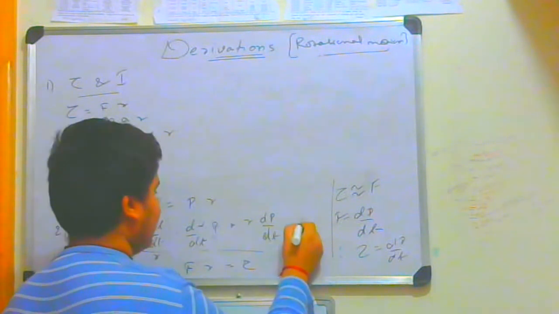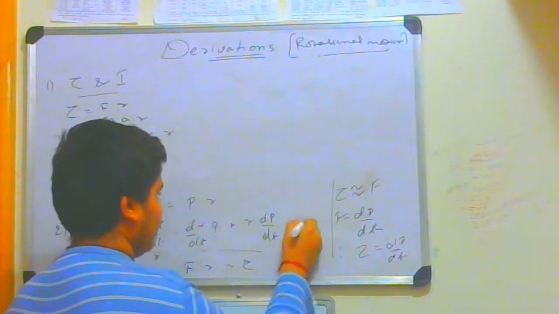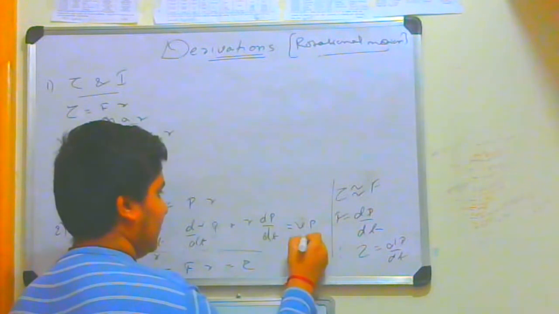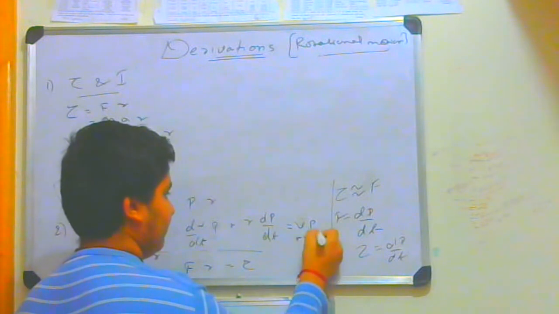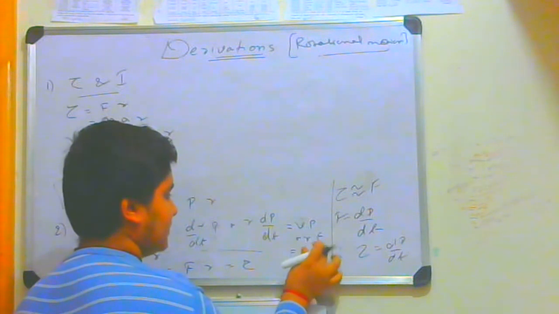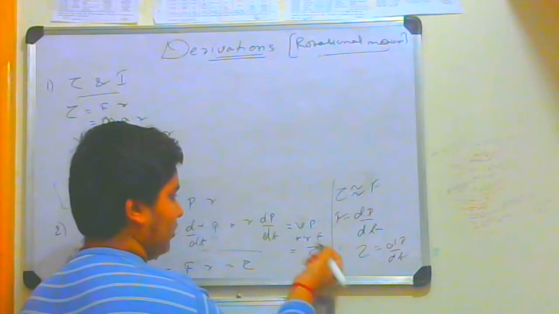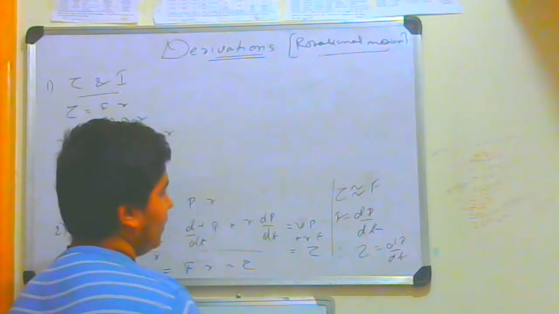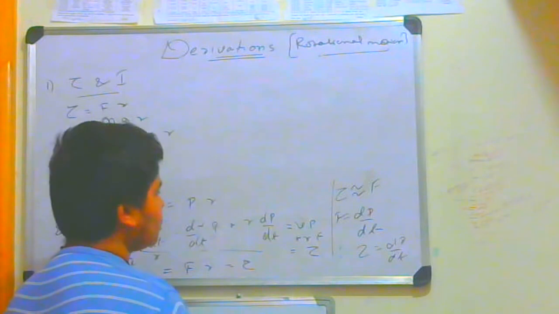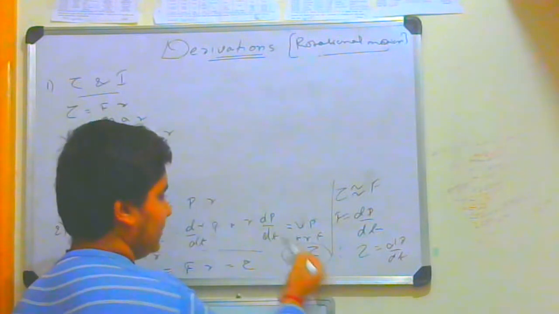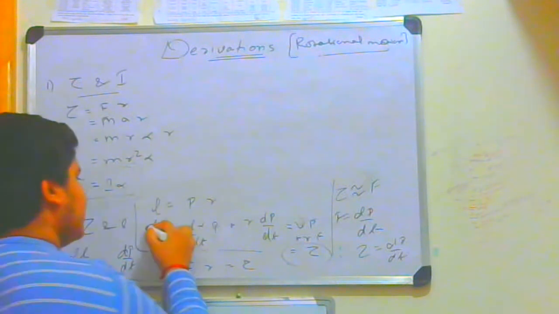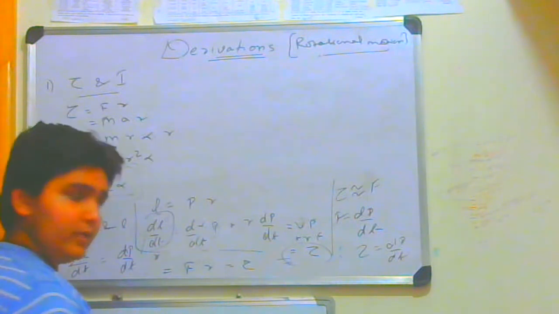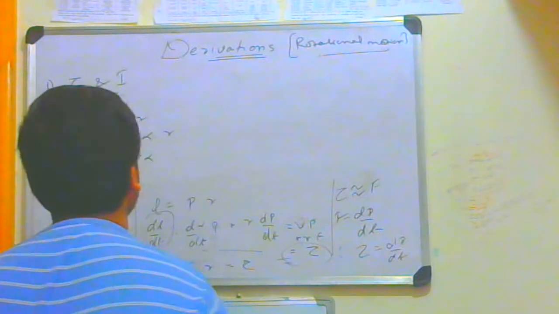That will be displacement over time, that is velocity, times p, plus here r times force. This r and force will give you torque. Velocity into momentum will give you nothing, so this quantity gets cancelled off, and you get torque. So dL by dt is equal to torque. Okay, you can write it in different ways like this.